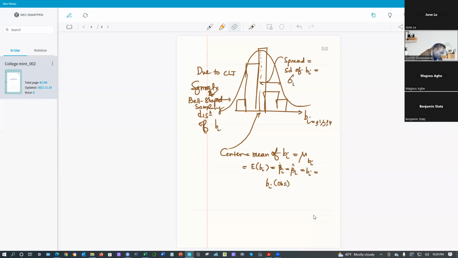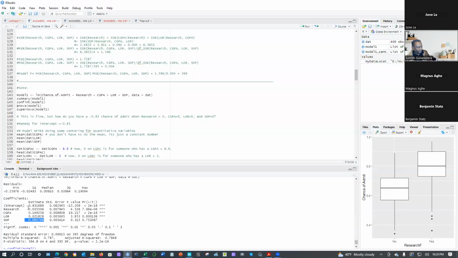The equation is very heavy, so I'm not going to write it here. Each and every one has its own spread: sigma sub B0, sigma sub B1, sigma sub B2, sigma sub B3.